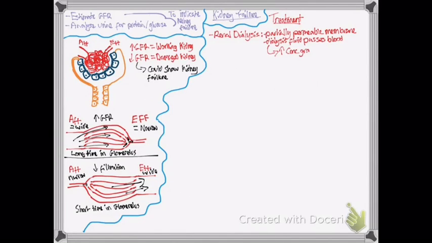And in general we have renal dialysis, which uses partially permeable membranes, a dialysis fluid which passes over the blood. It maintains high concentration gradients and the correct concentration gradient. So the dialysis fluid has the correct concentration of every single thing.